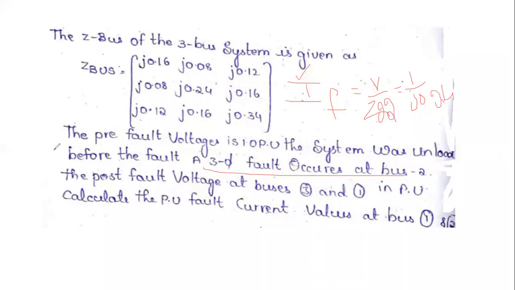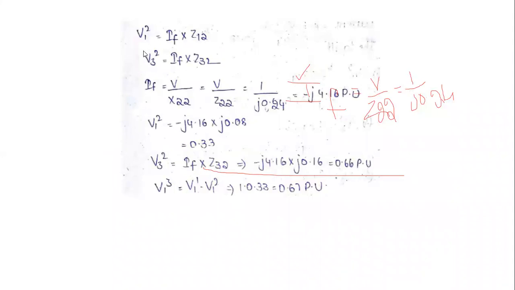After calculating the fault current, we calculate V1 square. What is the formula for V1 square? IF into Z12. What is IF?